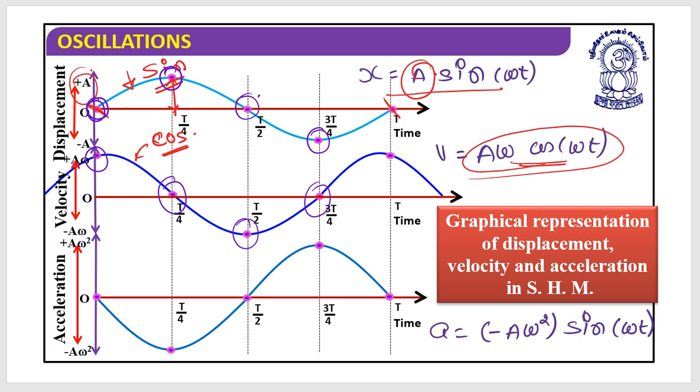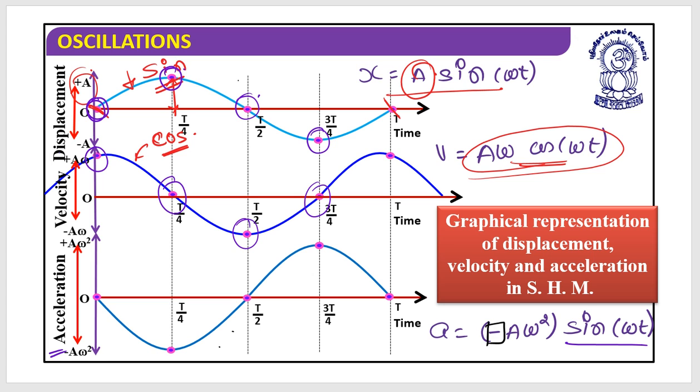Now let's look at the acceleration graph. It is again a graph of the sine itself, but we have a minus over here. When it is represented with a minus, this graph will be just a mirror replica of the displacement graph.